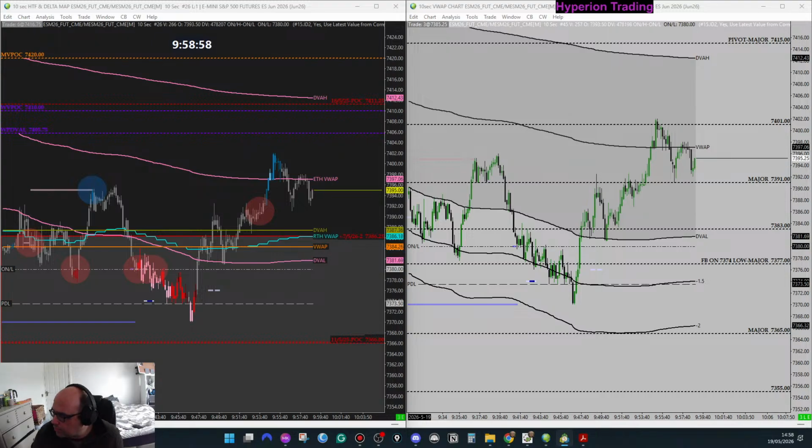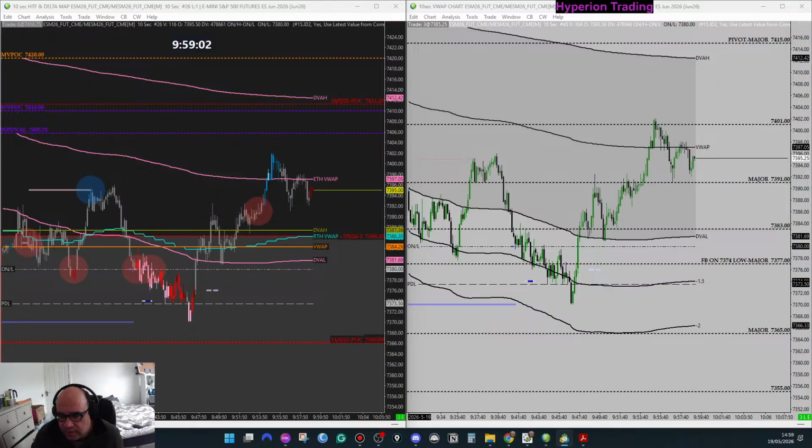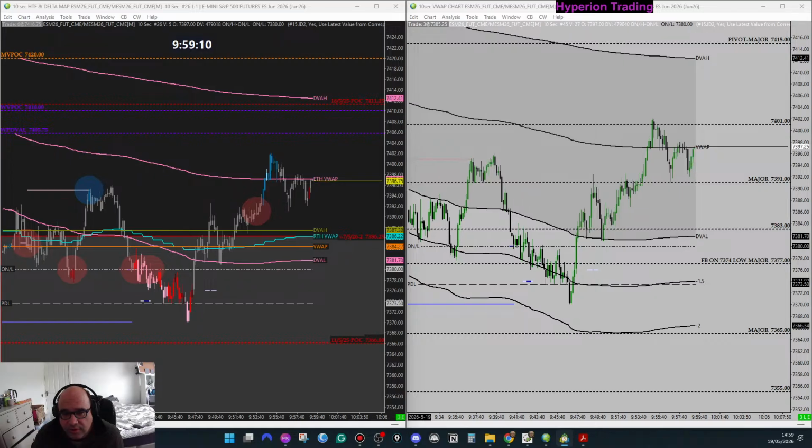I have now one position to break even with a small percentage running, about 10%. I'm gonna add 10% if we break above. I'm gonna leave it running.